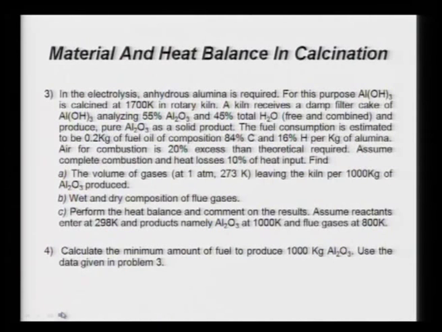So, it is required that the Al2O3 which is used for electrolysis to produce aluminum should be anhydrous, in the sense there should be no water in the Al2O3 which you are going to charge in the Hall-Héroult cell. So, in the electrolysis anhydrous alumina is required.